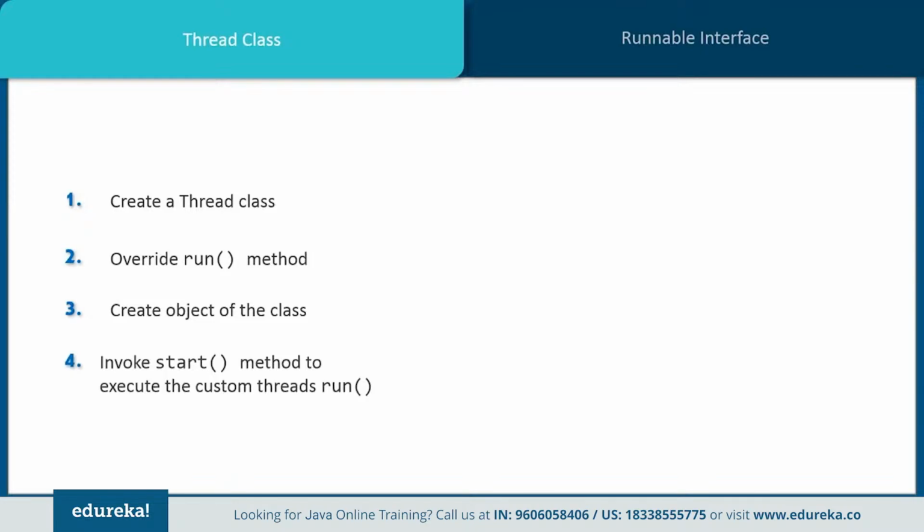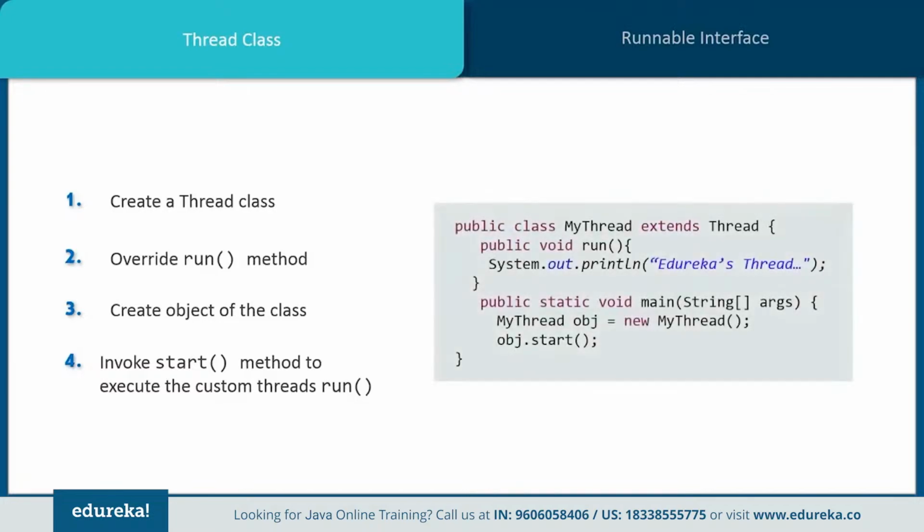You override the run method, you create the object of your thread class, and we invoke the start method, which will internally execute the run method. Here you can see a bit of a code snippet coming in. There can be a class called MyThread extending Thread. We have a run method which will do some job, and in the main method you create the object of the thread and you just say start.